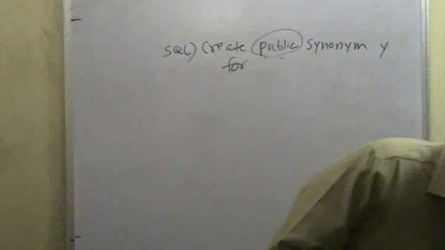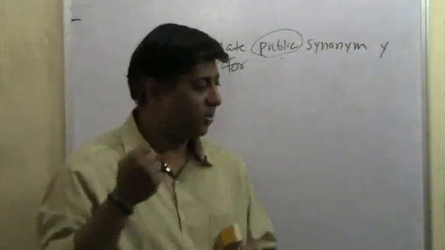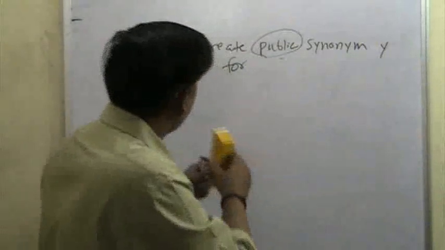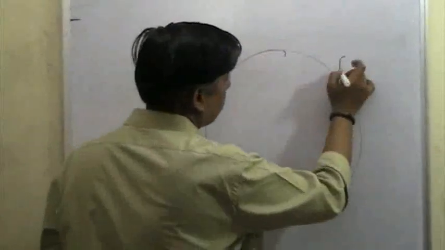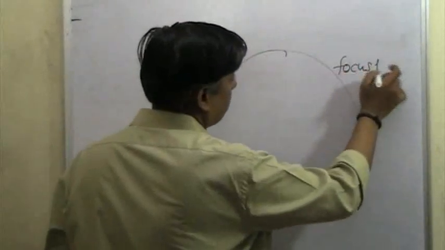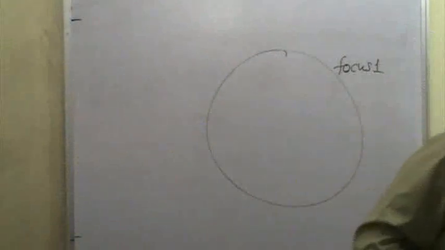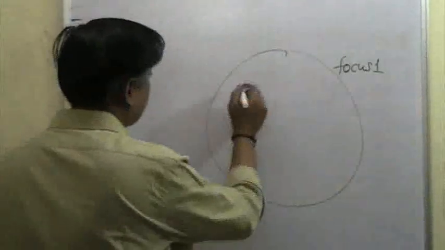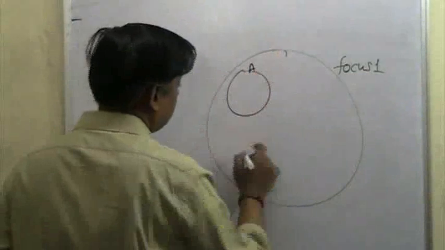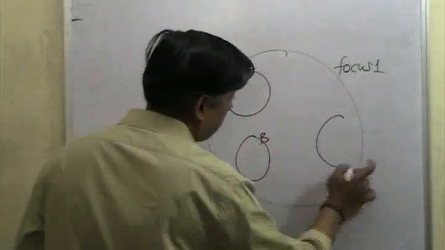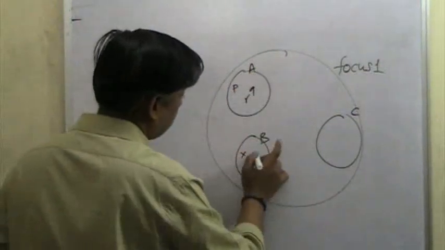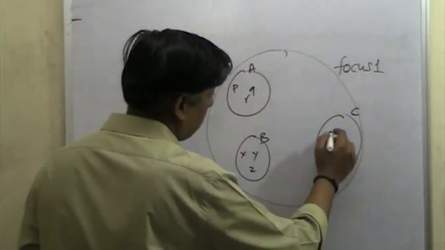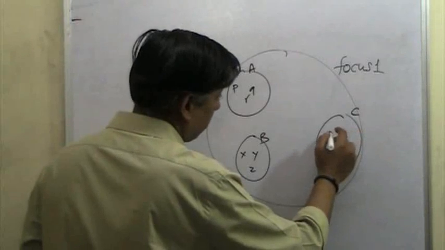Now, I wanted to get one question answered after all this discussion, and I'm coming to that question now. Actually, that question has not been posed yet. This is again your database focus 1, and inside that there is a schema A, there is a schema B, and there is a schema C. Tables are P, Q, R, X, Y, Z, and here what? I forgot. Help me out.